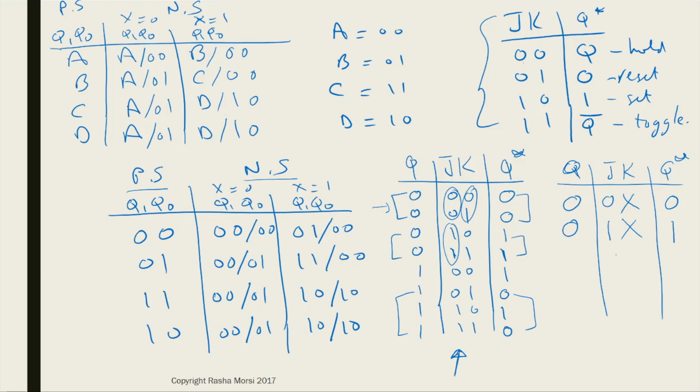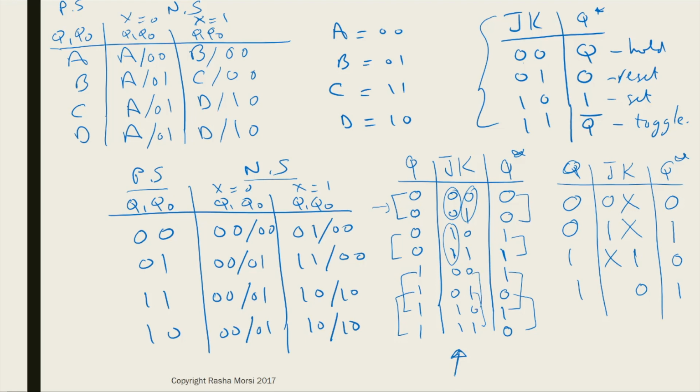Then we look at 1, 0. Present state 1, next state 0, we'll see that in this case, J doesn't matter and K is constant at 1. So we put a don't care, 1. And then finally 1, 1, present state 1 to next state 1. We see that J also doesn't matter, but K is constant at 0.